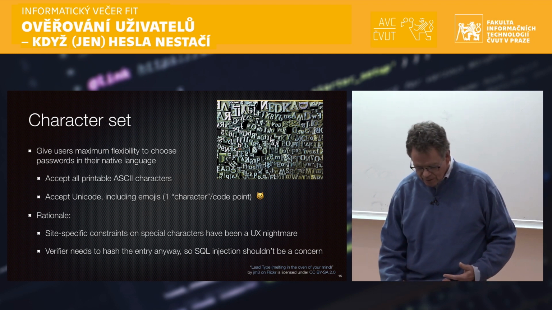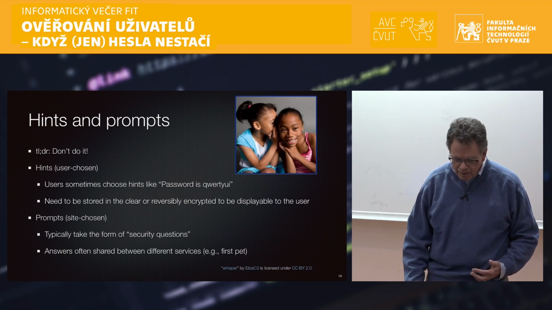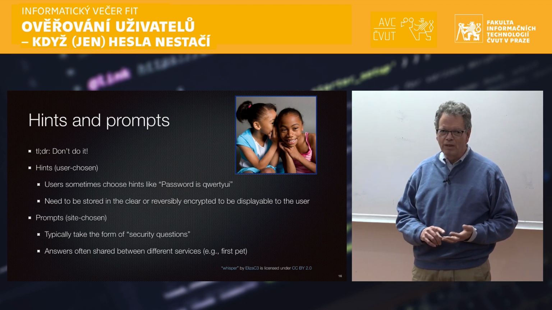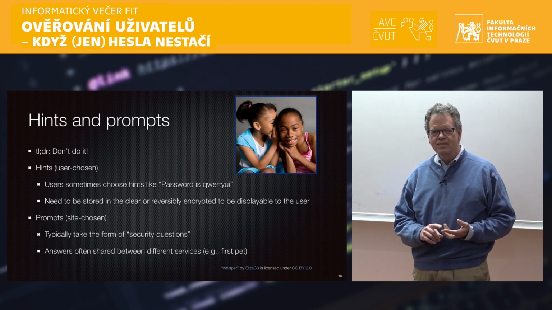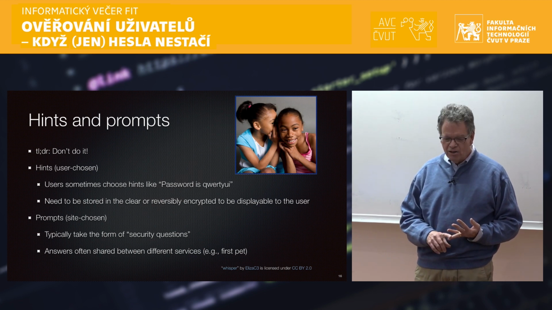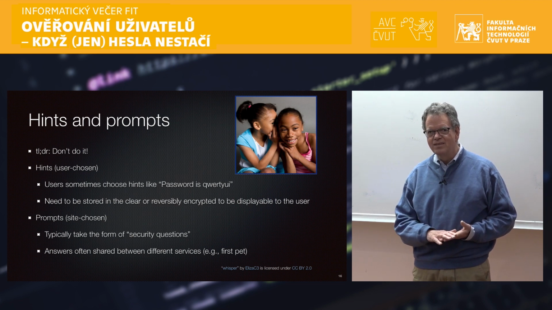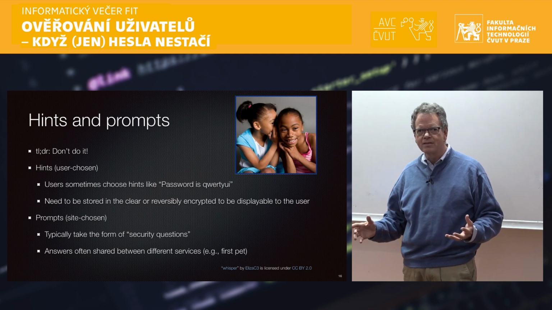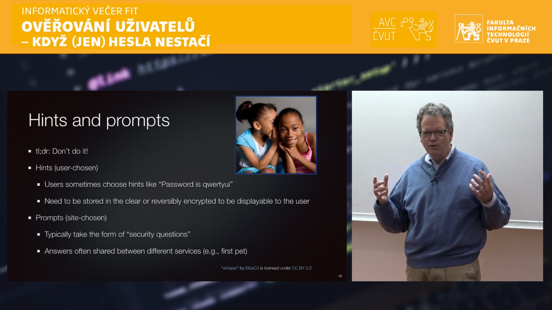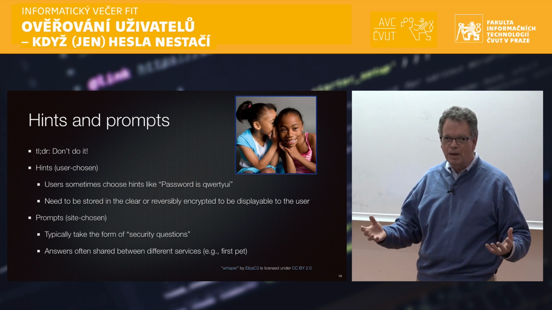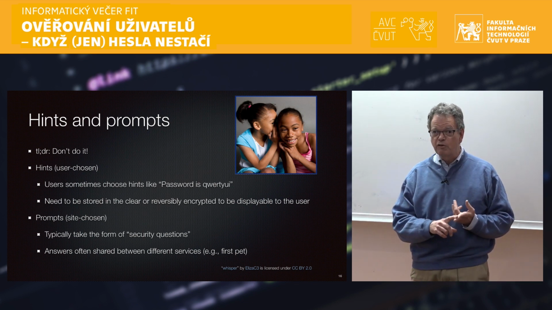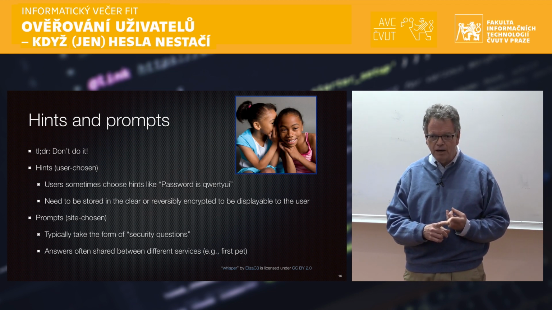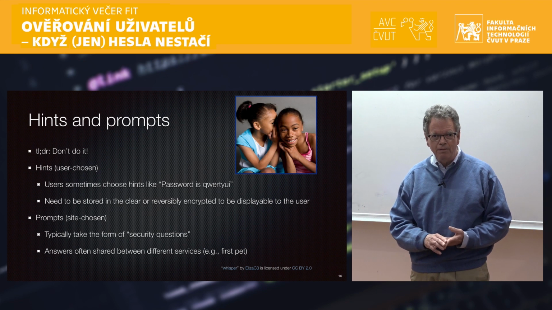Now, we still see lots of places that ask for what they call security questions. Sometimes there are hints. All of these things, don't do it. All it is is another password, and it's got all of the worst characteristics. Because if you're asking, what was the name of your first pet? Then, first of all, the name of your first pet is perhaps on Facebook because the pet died 5 years ago and you wanted to commemorate their death.